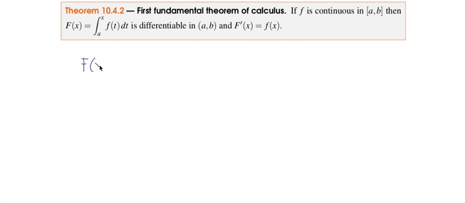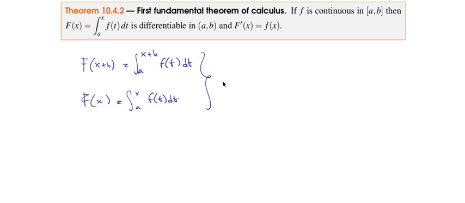F(x + h) is the integral from a to x + h of f(t) dt. We want to be able to get a formula for this, right? So in order to compute the derivative of that, we want to get F(x + h) minus F(x) divided by h, right?